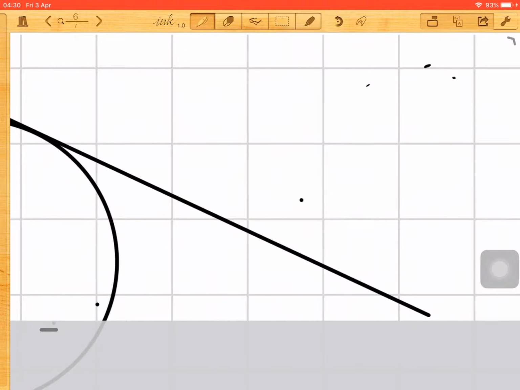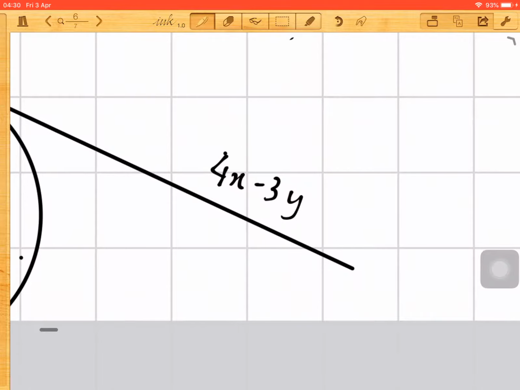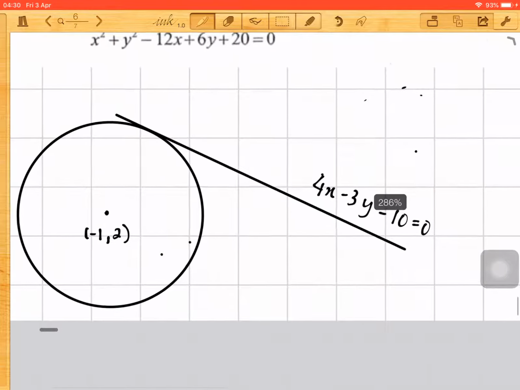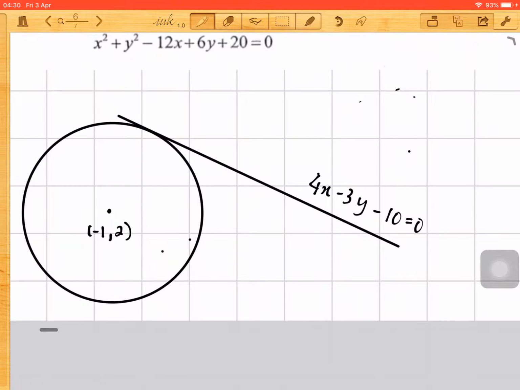This is 4x minus 3y minus 10 equals to 0. Now we just have to find the radius here.